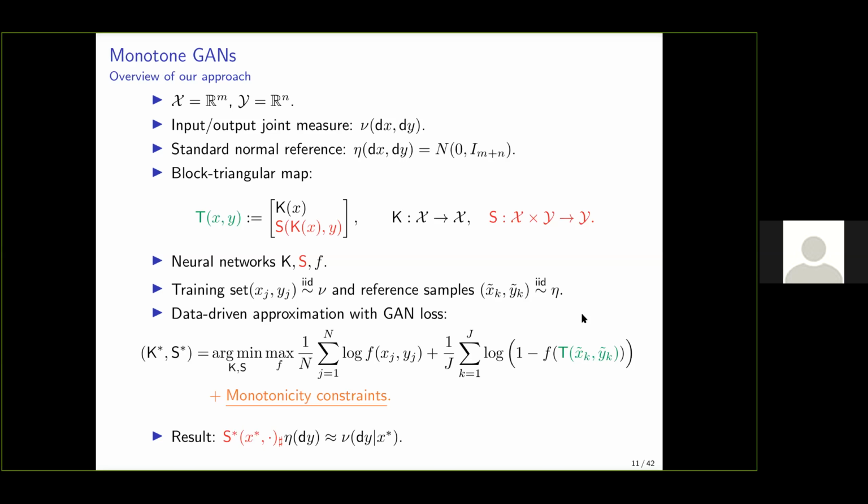It's an approximation, so you want those to be large enough to have good approximation. This is like an empirical approximation of two integrals, so there's going to be an expectation with respect to nu and an expectation with respect to eta. That's why you want N and J to be large. I'll get into the details of this in a little bit.